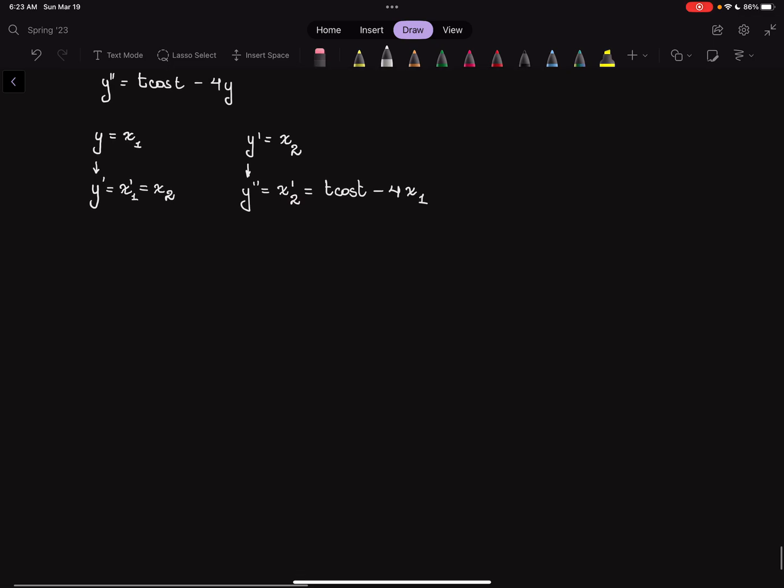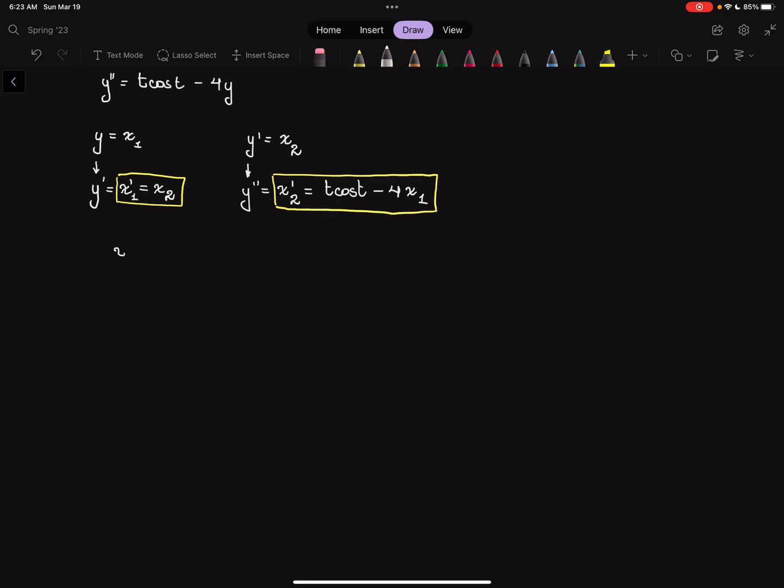So then I can rewrite these two close together. I want to look at these equations over here, because these are the terms of my vector equation.